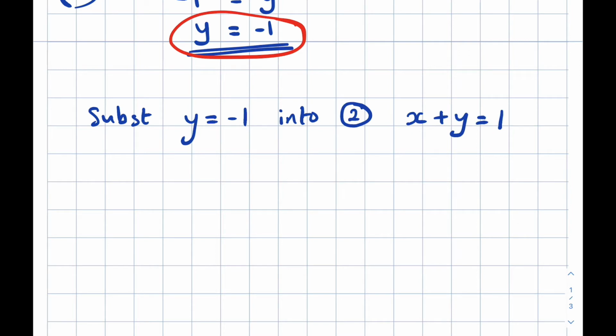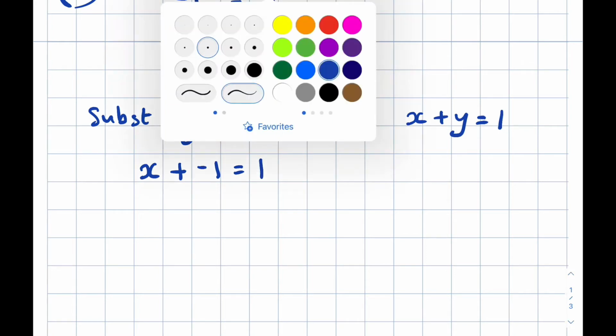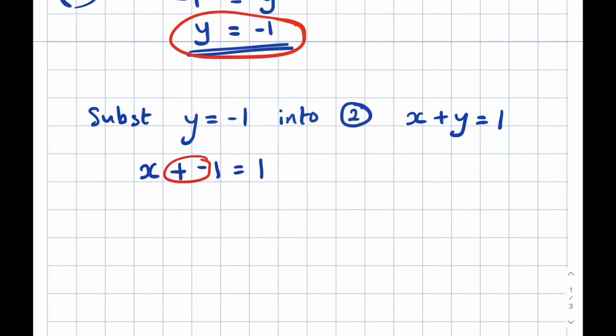So if y is worth -1, we have x plus -1, that's in place of the y, is worth 1. Now don't forget, a plus and a minus become a minus. So really I've got x take away 1 is 1.